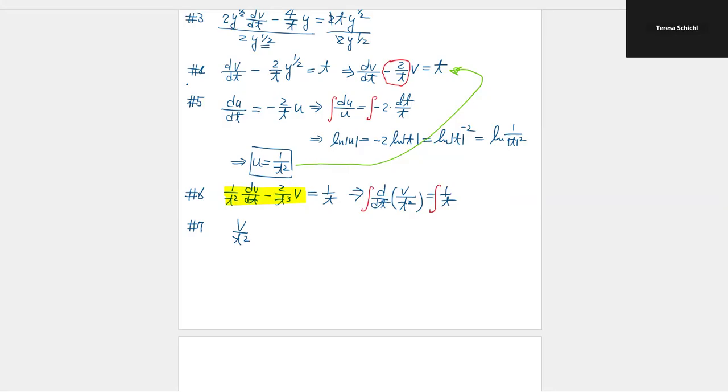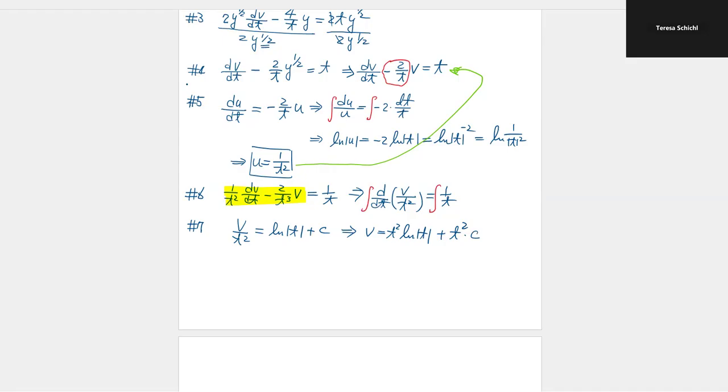The right-hand side will be natural log t plus c. Now you multiply t squared on both sides, so you get v equal to t squared natural log t plus t squared times c.